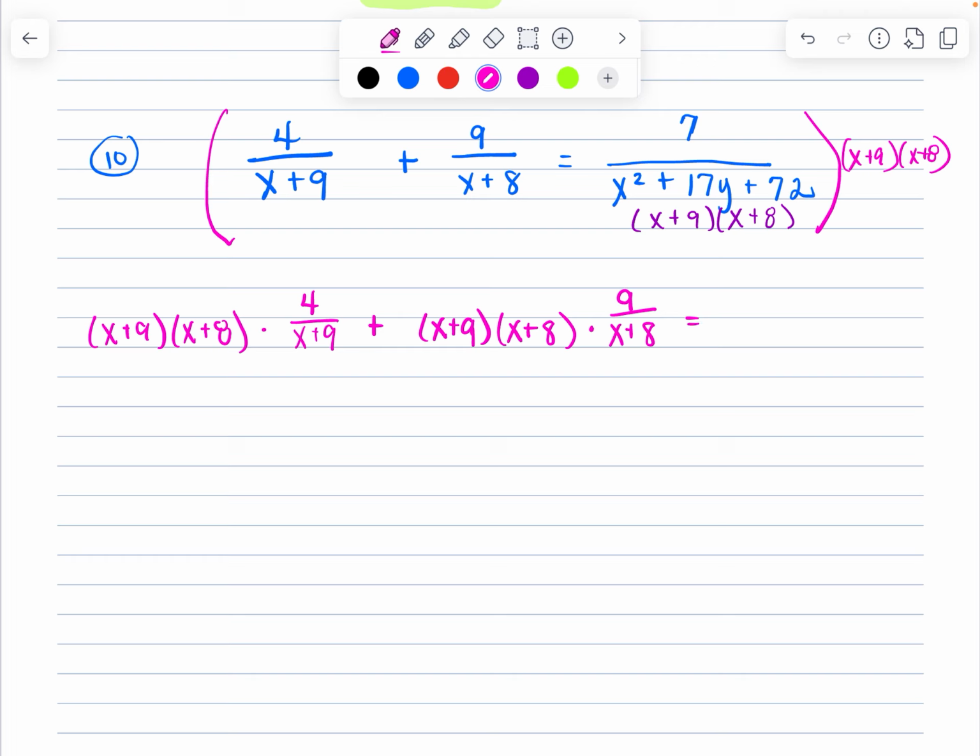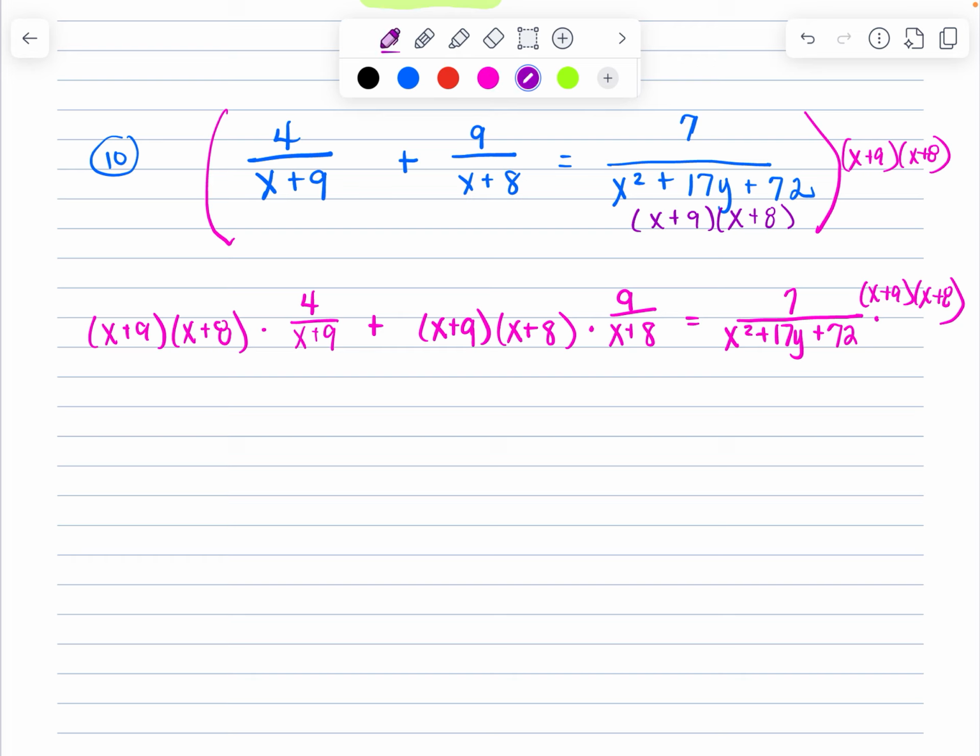And then, of course, 7 over all of that stuff, x squared plus 17x plus 72 times, I'm going to run out of room, x plus 9 times x plus 8. Okay, just wrote it up there because I don't have any room. So I treated it just like the last problem. I know the common denominator is x plus 9 times x plus 8, so I'm multiplying every term times that thing, and here's what's going to happen.